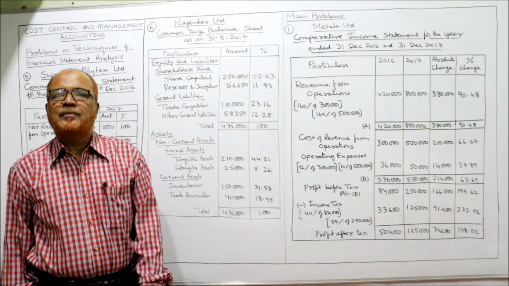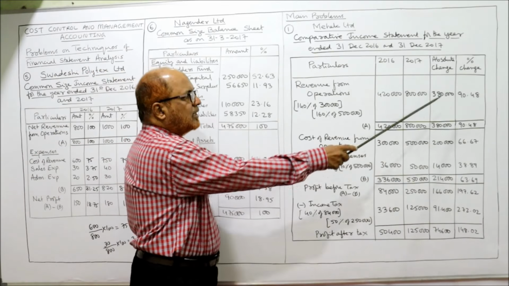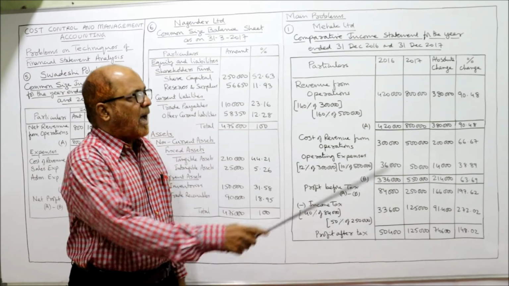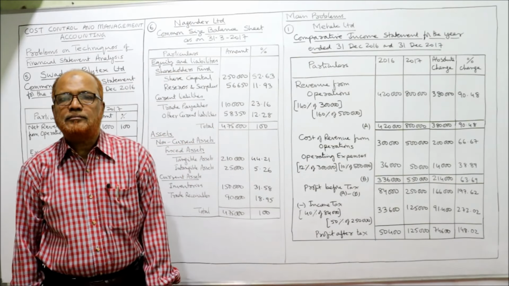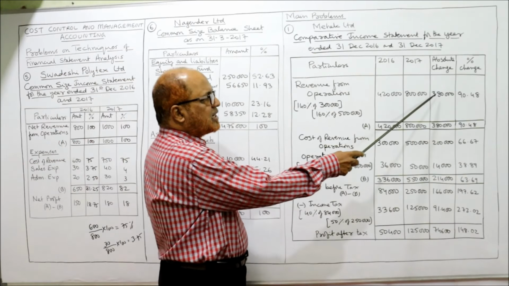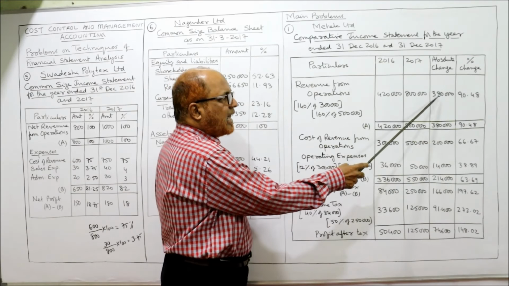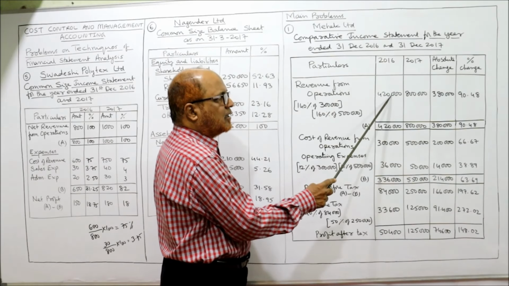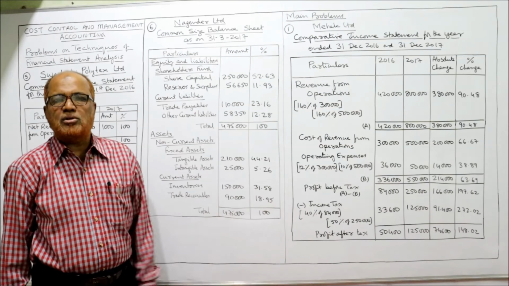Percentage change is absolute change divided by last year value. Absolute change 3,80,000, last year value 4,20,000. So 3,80,000 divided by 4,20,000 into 100, you will get 90.48%.